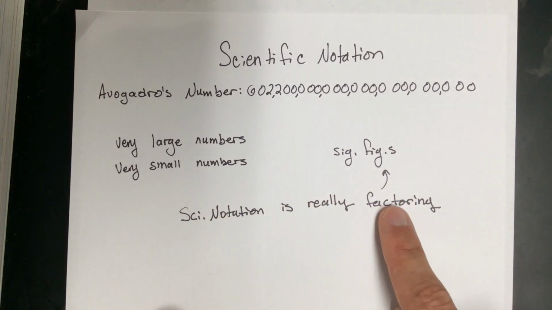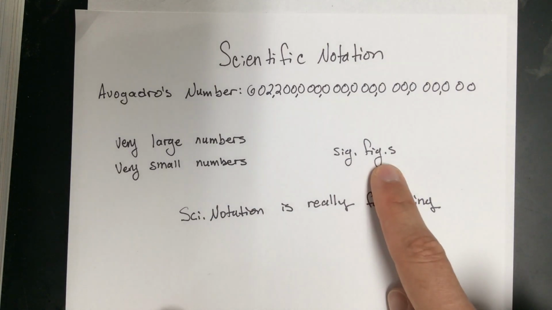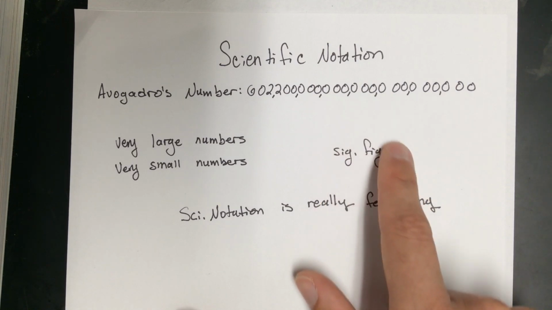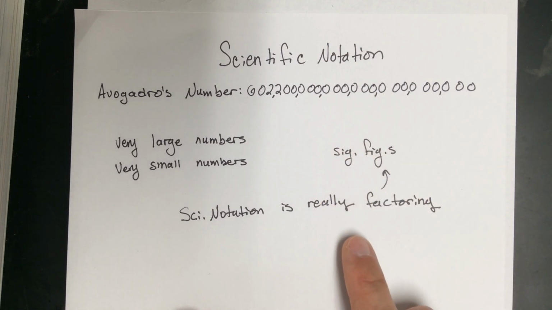And remember that we are really just factoring out the significant figures, and that when we factor out the significant figures, then they need to be written as a number between 1 and 10. And then when we collapse our non-significant figures into a power of 10, remember that if that number is larger than 1, the exponent of the 10 is going to be positive, and if the number is smaller than 1, the exponent of the 10 is going to be negative.